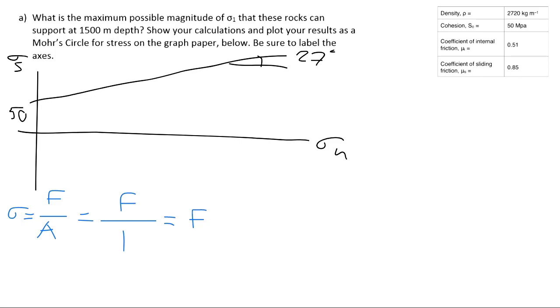So we know sigma is equal to F, and we know F, or force, is equal to mass multiplied by gravity, right? So if you find the mass and multiply it with the gravity, it's going to give you the amount of force, and since this force is applied on an area equal to 1 square meter, in that case you are getting a sigma value. So from here, again, the mass is not given.